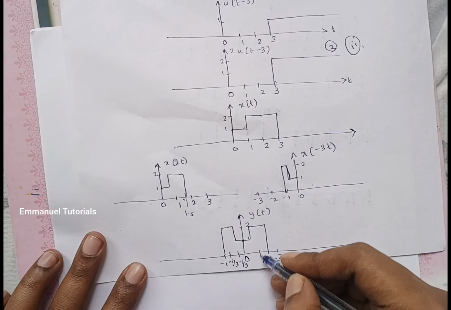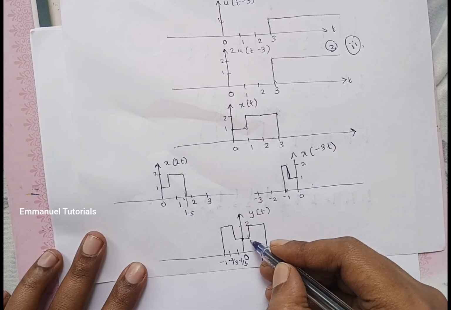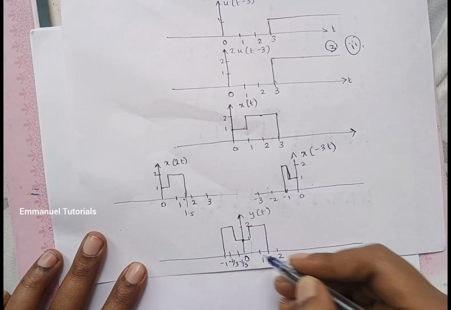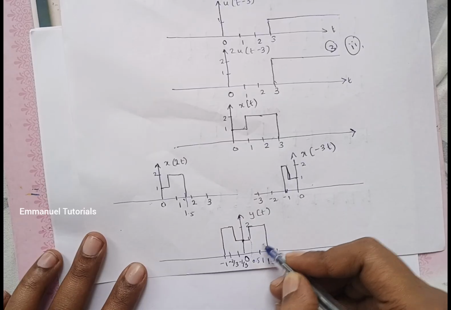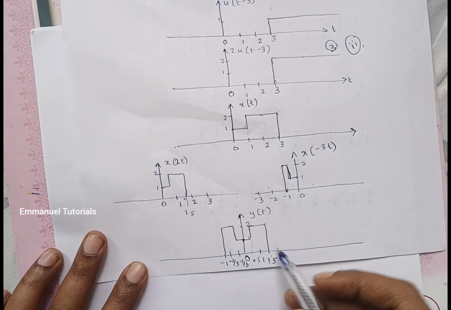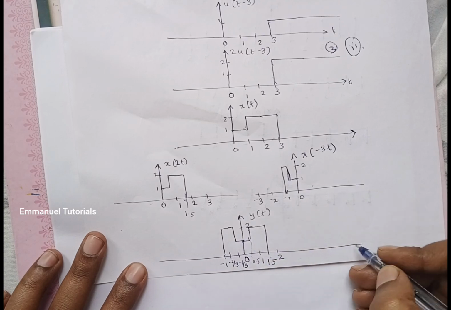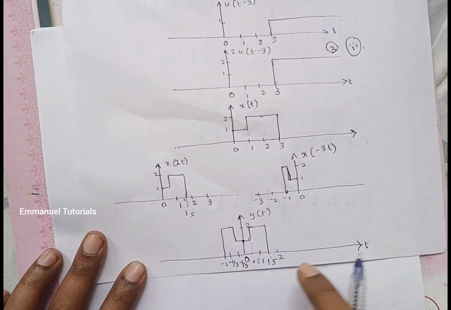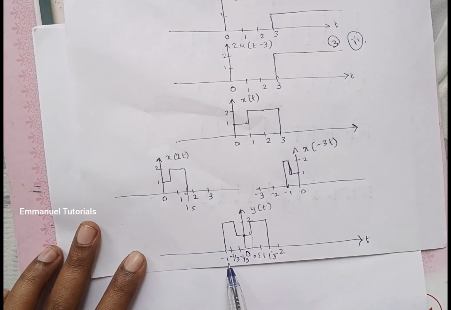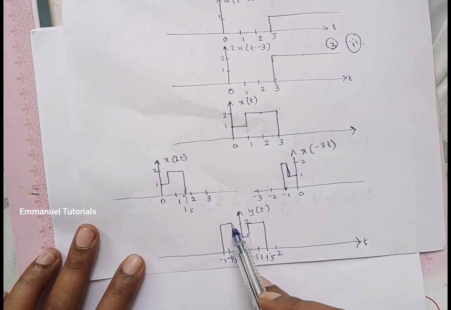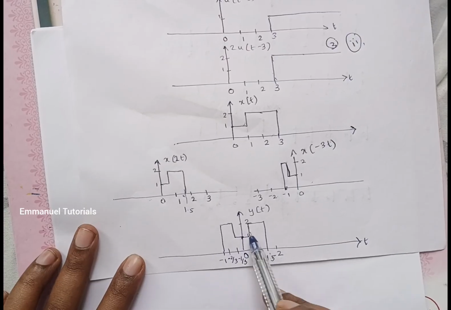You can say that this is 1, and this point is 0.5, and this is 1. So this is our final signal. It's a signal which starts from minus 1, ends at 1.5, and has an amplitude drop in between.